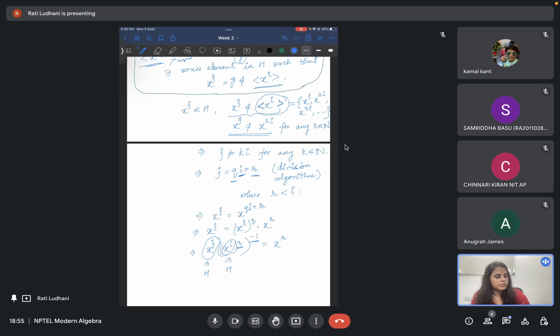So these two elements will be in H, and this implies this belongs to H because of closure property. H is a subgroup.